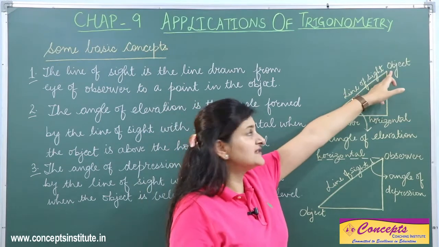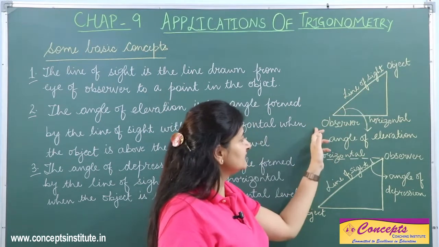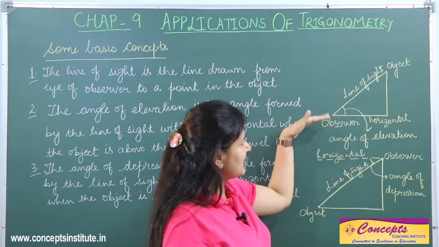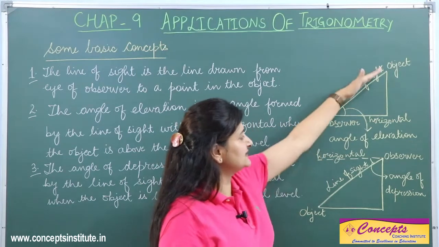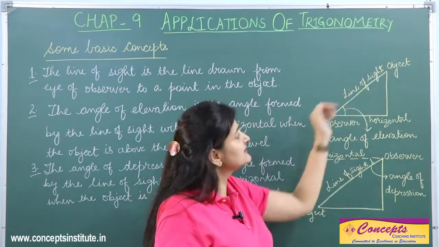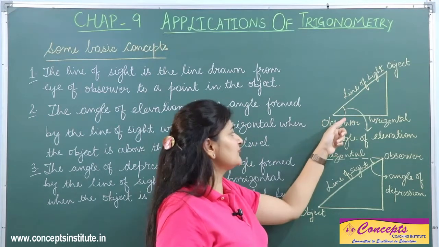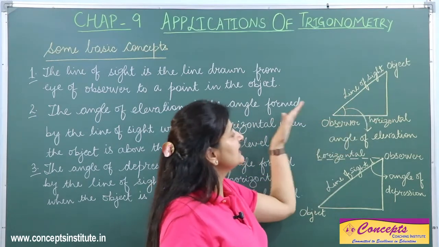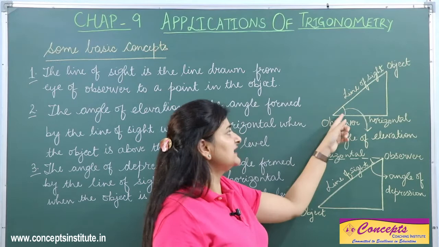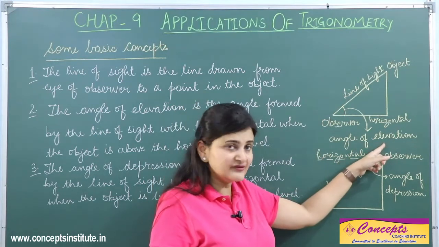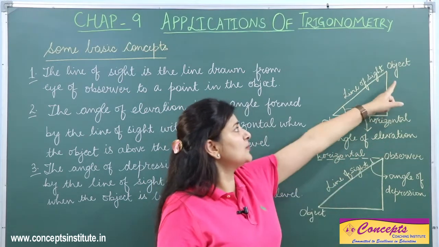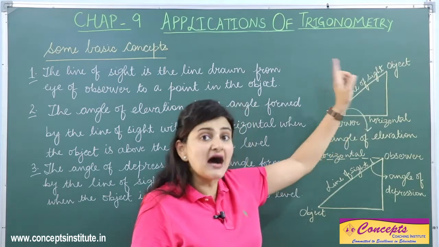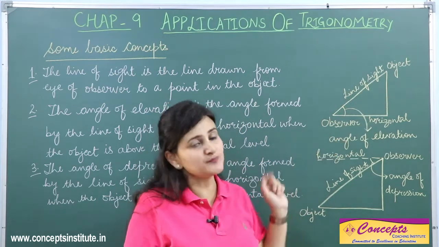The object is here, which is higher placed than the observer. This is the horizontal and this is the line of sight, of course, the line joining the observer with the object. Now, the angle that is formed between the horizontal and the line of sight, that angle is called the angle of elevation, provided the object is at a level which is higher as compared to the observer.